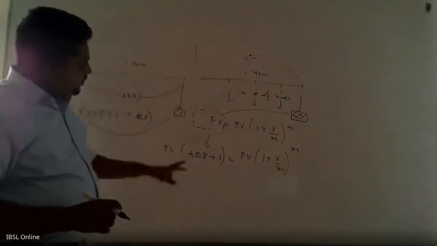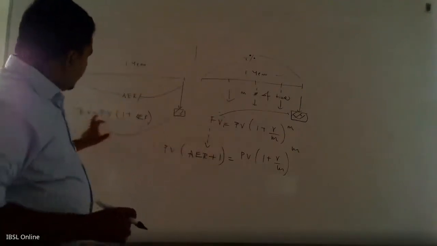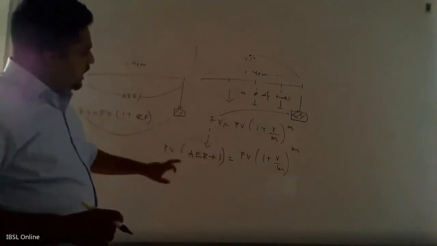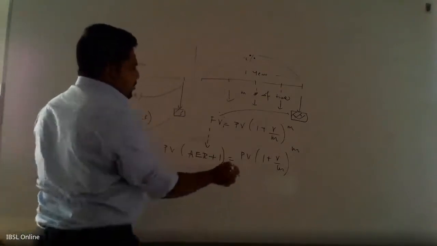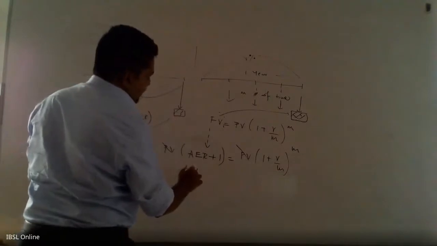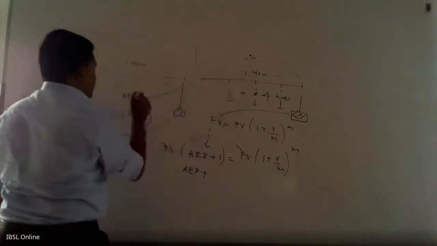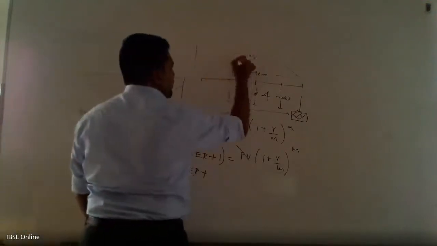Okay. So instead of this FV on one aspect, I've taken this equation of PV AER. When we have two PVs, we can cross it off. That means AER is equivalent to this R. These are the two bases that we're going to compare here.